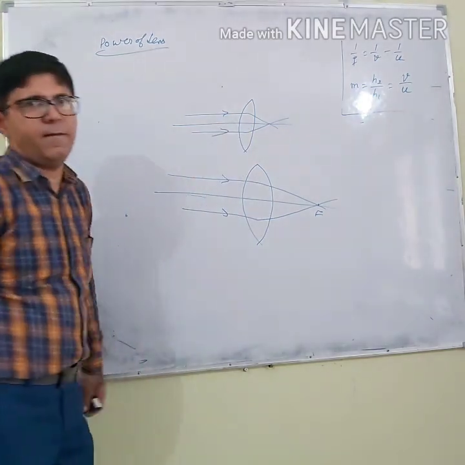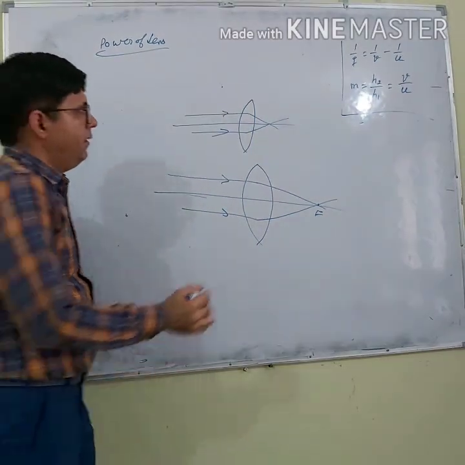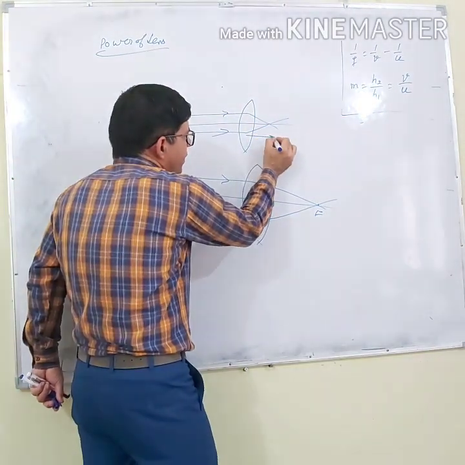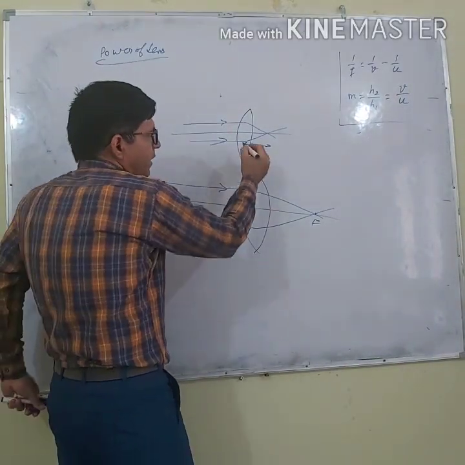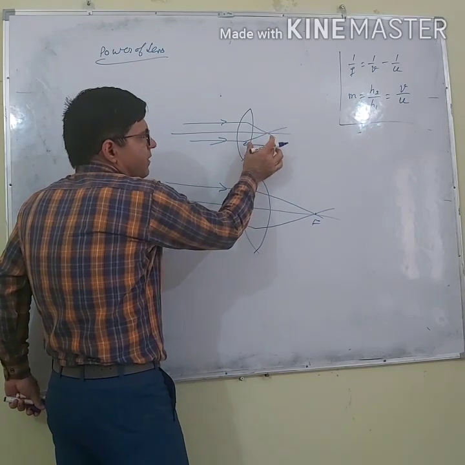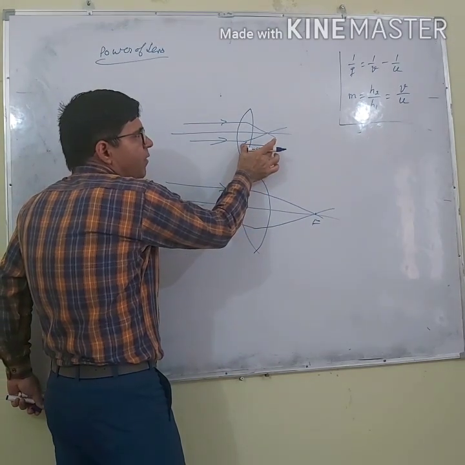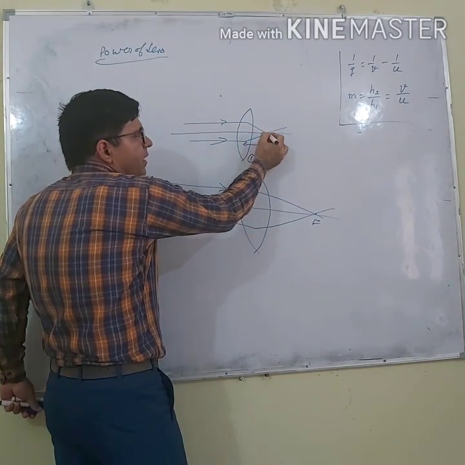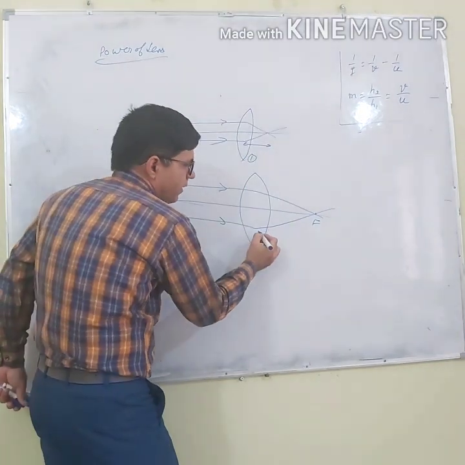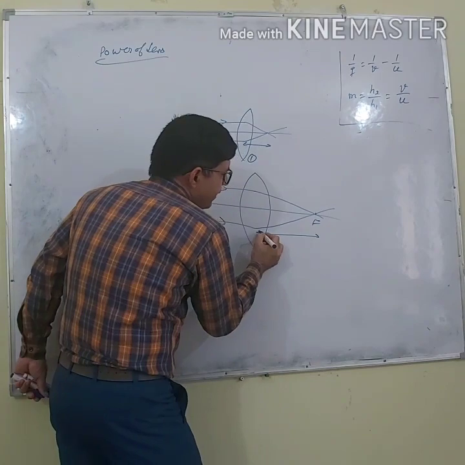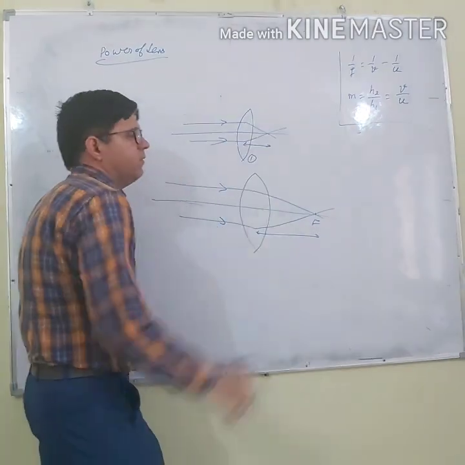Yes. The difference is that in the first case, the converging power is more because rays are converged at a lesser distance in comparison to this. Here, the rays are getting converged at more distance.